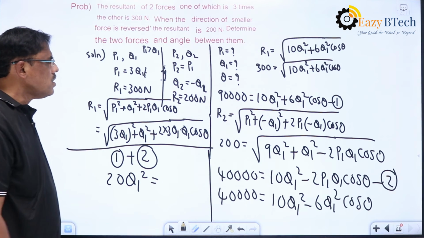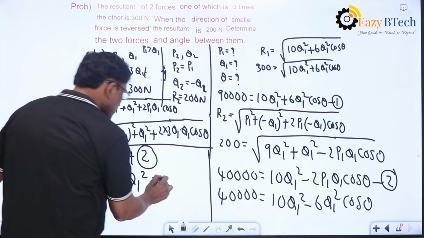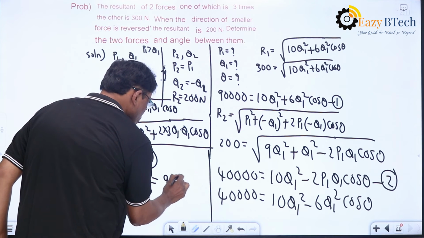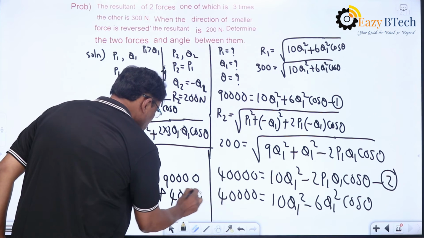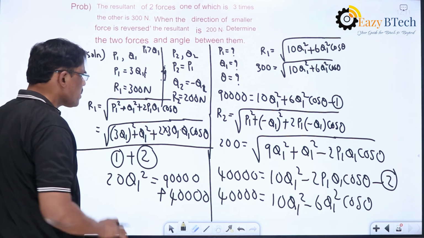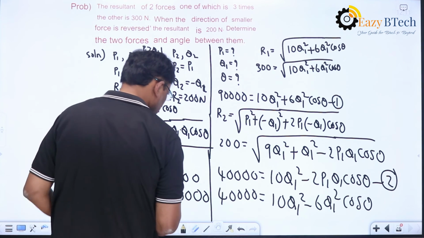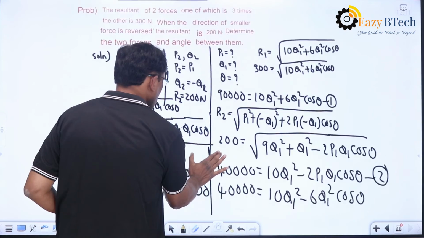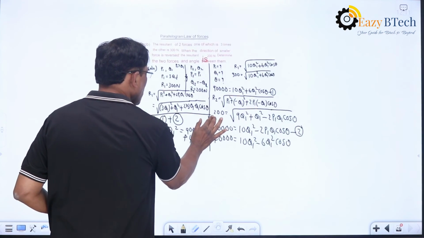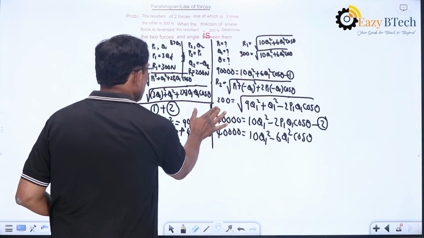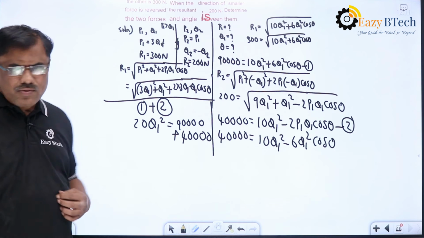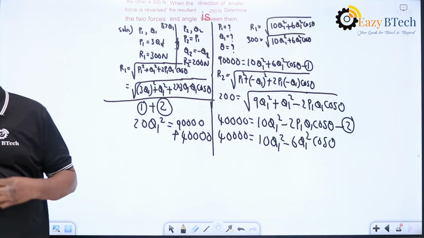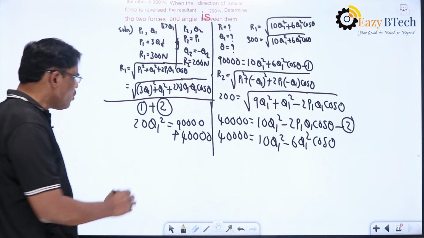So this will be equal to 90,000 plus 40,000. By this, you can find the value of Q1 square.